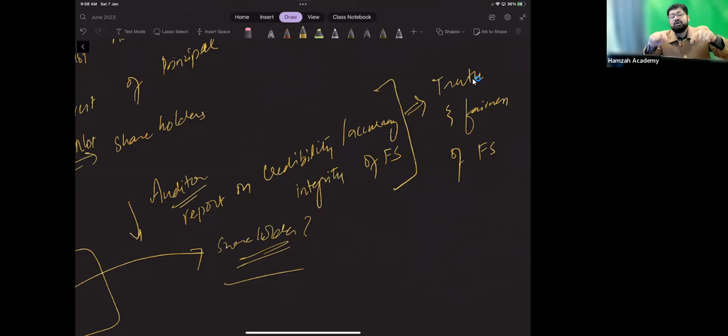So we have learned one thing here. What is the role of auditor? The auditor's role is to report on accuracy, credibility, truth and fairness of financial statements. This is the role of the auditor.